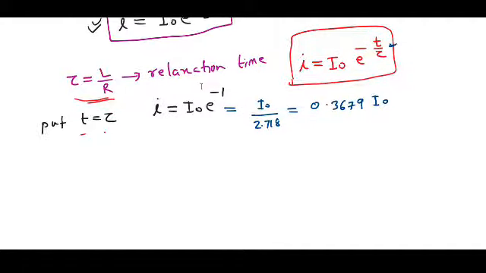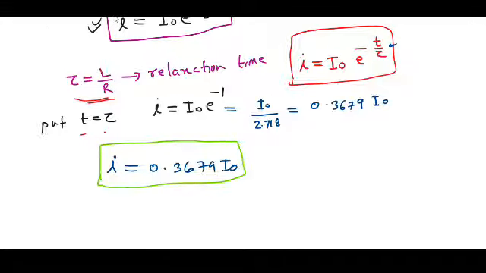Or we can write I is equal to 0.3679 I0. Thus, the relaxation time, that is this tau, is defined as the time required for the current to fall to 36.79% of its maximum value I0.